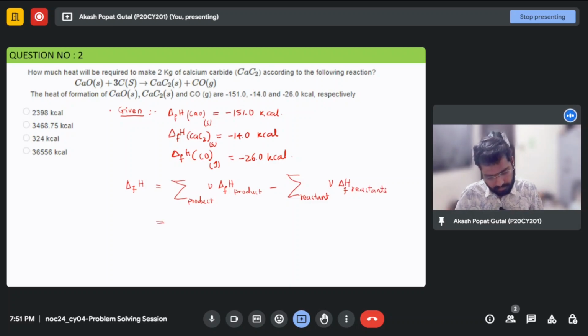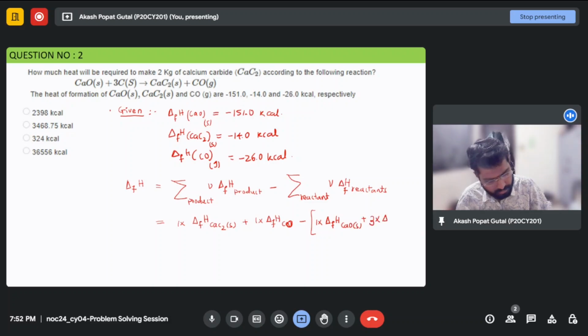For this equation, it is 1 into delta H formation of CaC2, plus 1 into delta H formation of CO, minus 1 into delta H formation of CaO in solid, plus 3 into delta H formation of carbon in solid.